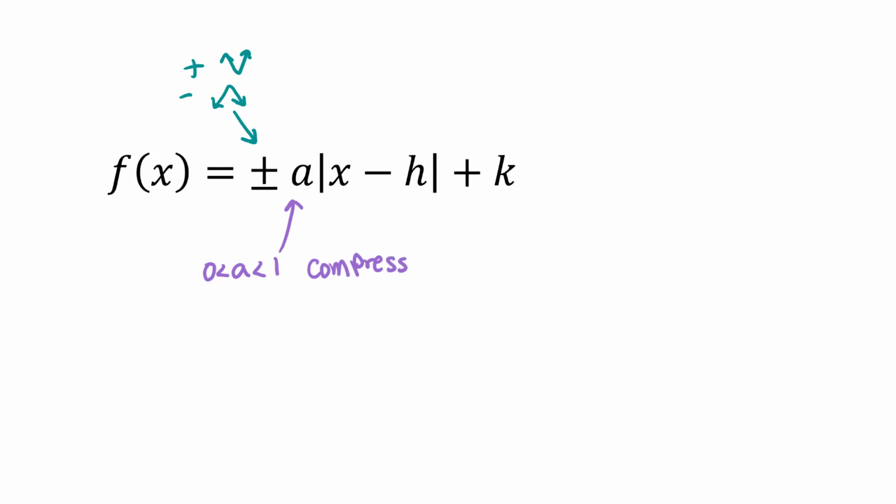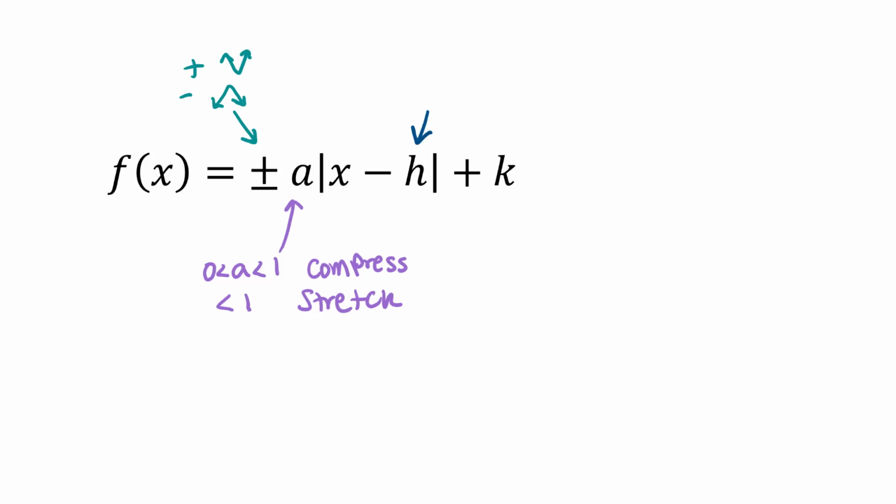If it's a value that is bigger than 1, it's going to stretch, which means that it's going to be really skinny and long. So before, when we said that the slope was shallow, that's like compressing, right? It's like a little short, stumpy hill. If it was a mountain that we were climbing because it was a super steep slope, that would be a stretch. So that's what our A value does. It tells us how thick or thin our absolute value graph is going to be.